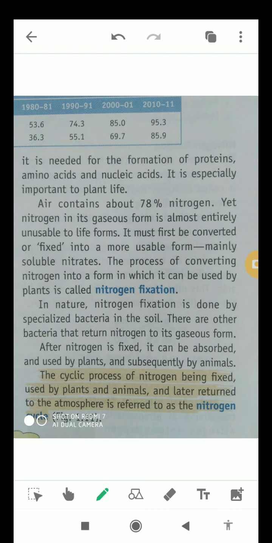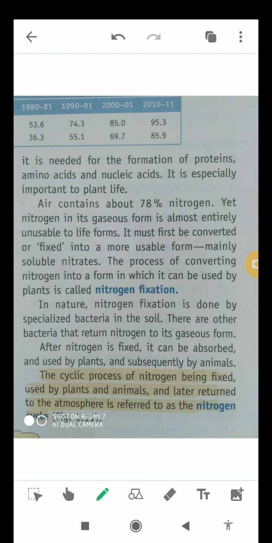Next, it is also needed for amino acids and nucleic acids. It is especially important for plant life. As we all know, air contains about 78% nitrogen gas. So nitrogen in its gaseous form is almost entirely unusable to life forms.